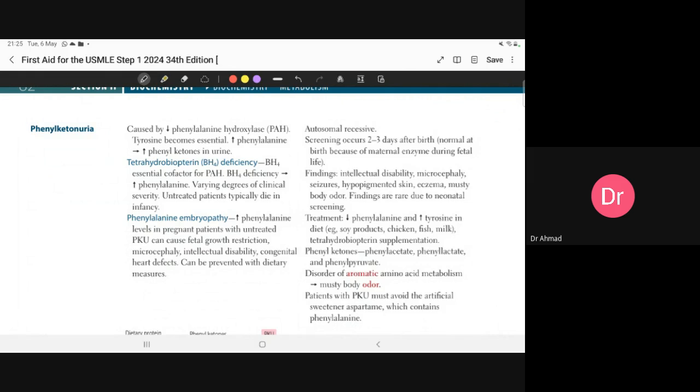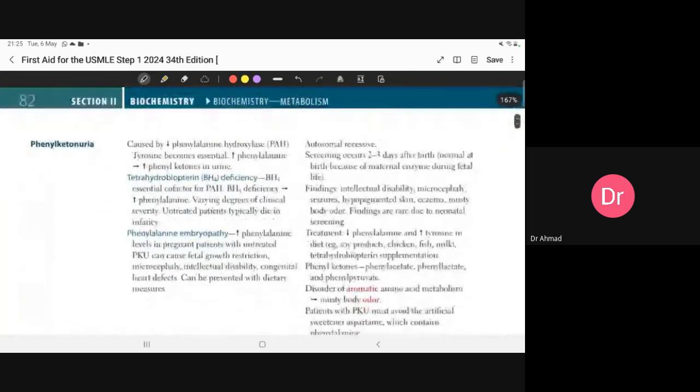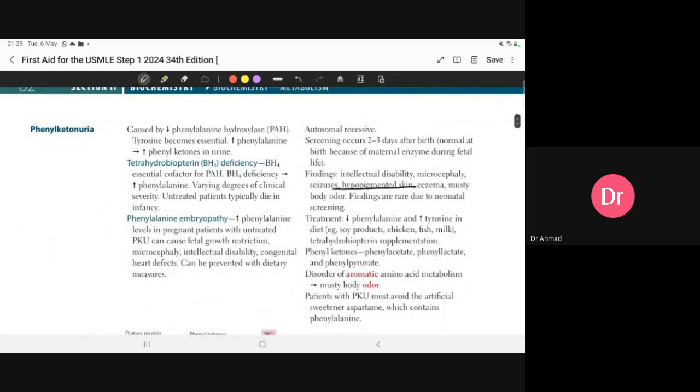Okay, and how does the child present? In this pathway you also produce melanin, so you cannot produce melanin, and one of the symptoms would be hypopigmented skin. This phenylalanine is toxic to your body, so it can lead to intellectual disability, microcephaly, seizures.